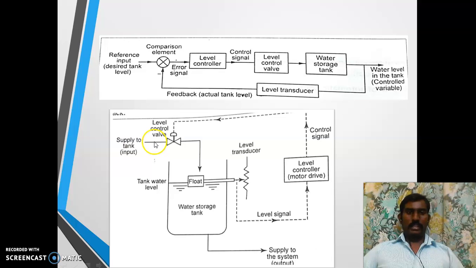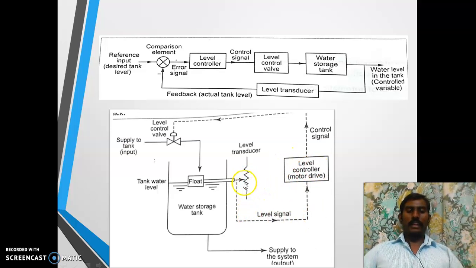Okay, let's see about it. While the water is supplied to the tank, the float will rise according to the water level in the tank. Due to this float rising level, the level transducer will detect the level of water and send a signal to the level controller.